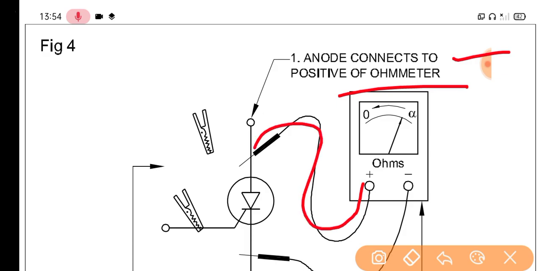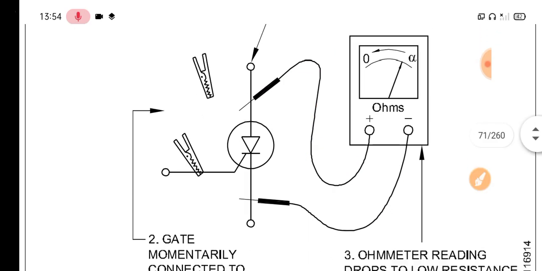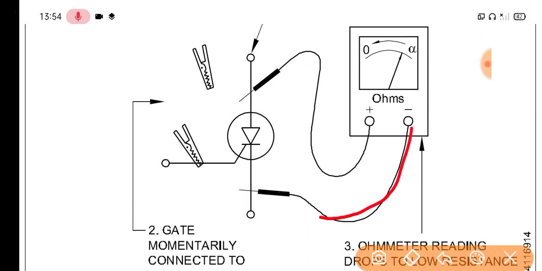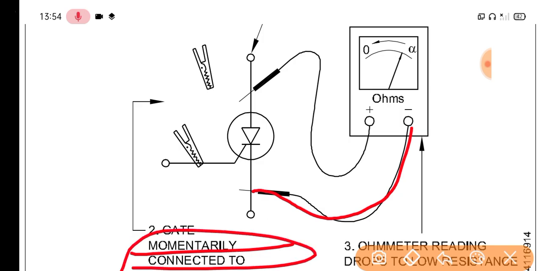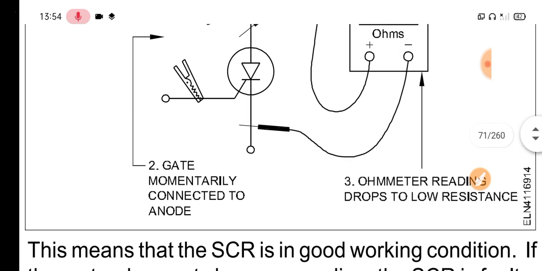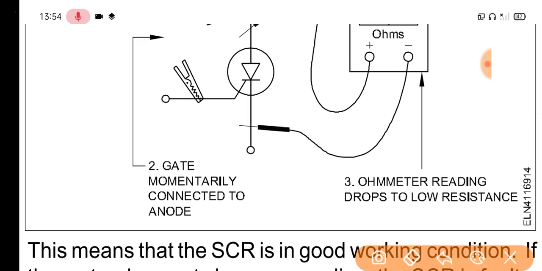This is positive and this is negative, connected to the ohmmeter, and this is the gate momentarily connected. And this is the ohmmeter reading dropped to low resistance.